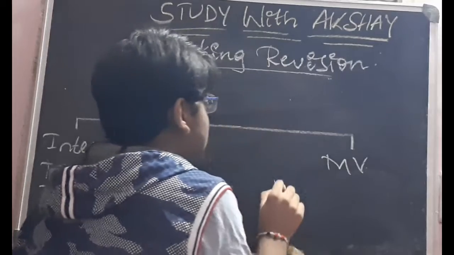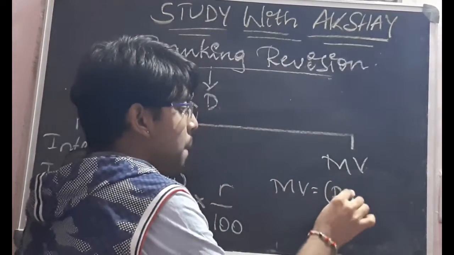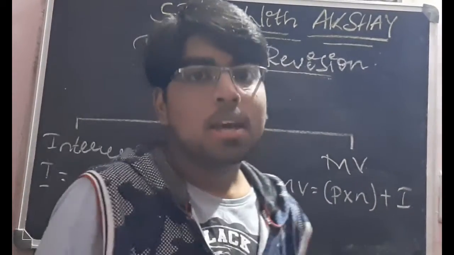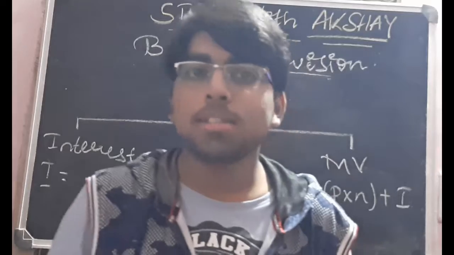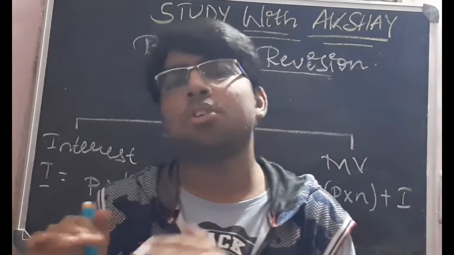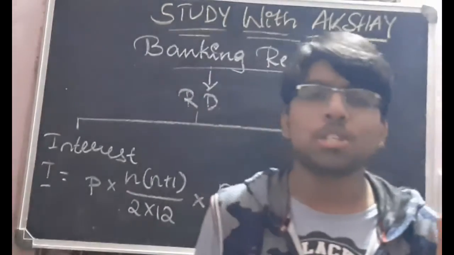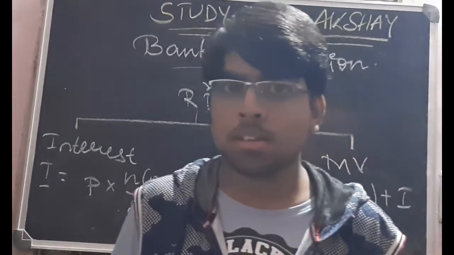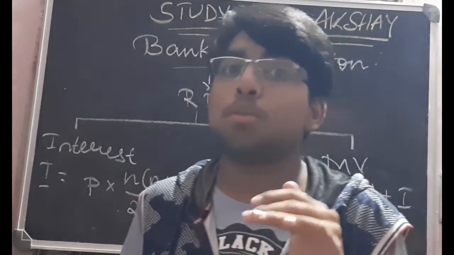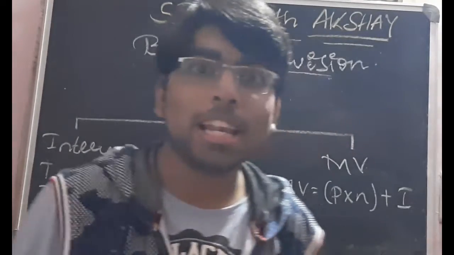Next we have our maturity value formula, which is nothing but P into N plus I. Using these two formulas, we have solved n number of problems, right? That is more than enough if we study those problems which were solved in the previous videos. Most of the questions will be related to the same problems and most of the questions will be repeated. This is a secret, right?